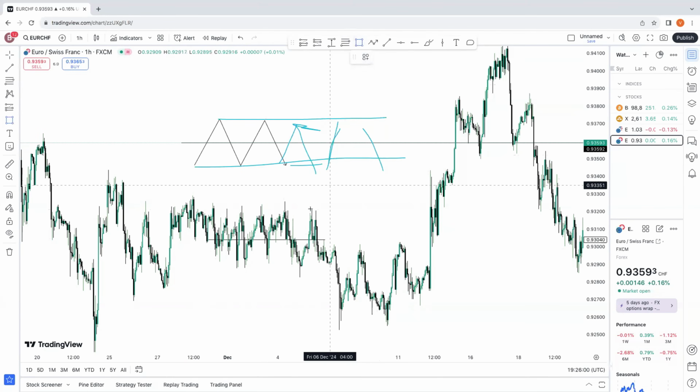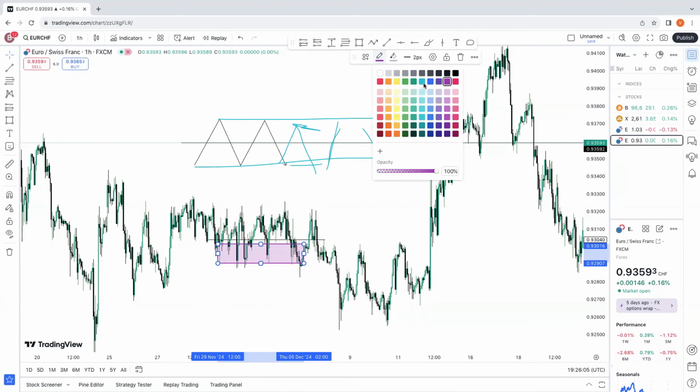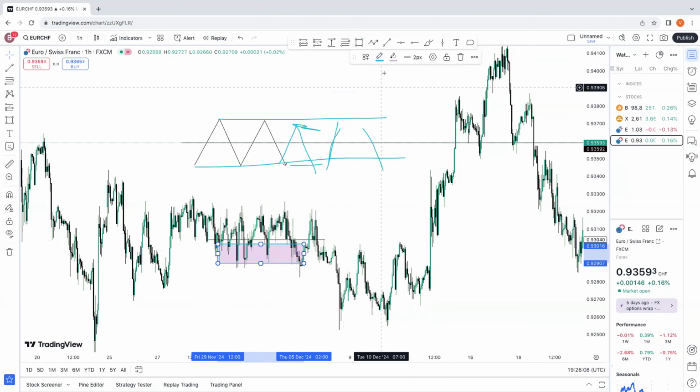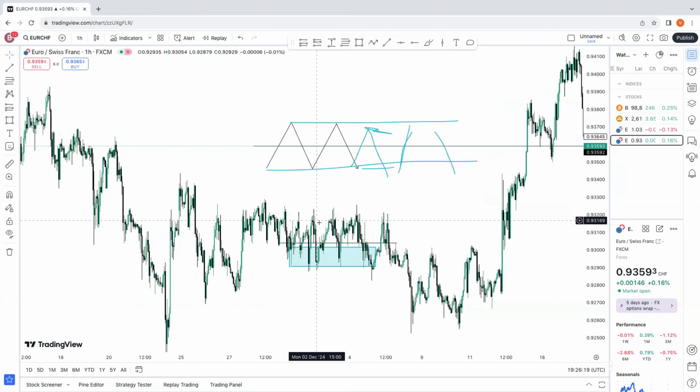I'll be buying from this zone to the top side, and I'll also be selling from above this 50% line. I'll be selling above and I'll be buying below.